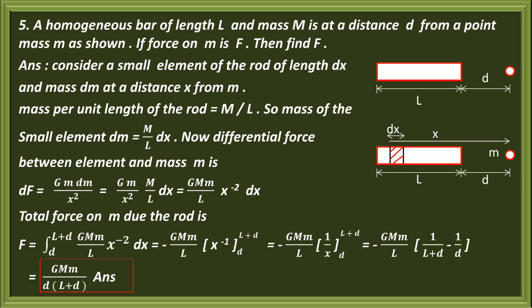A homogeneous bar of length L and mass capital M is at a distance d from a point mass m as shown.